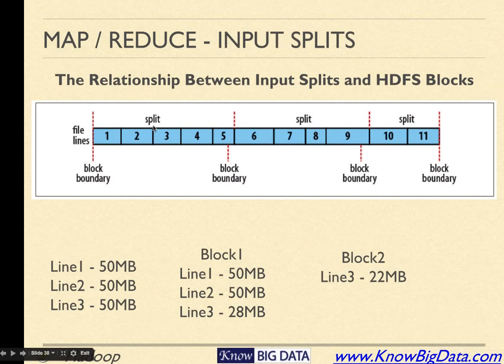Now, if you do that, there will be a lot of data transfer. Like in this previous example, on this boundary, when the input split is created, this piece of data over the boundary is getting transferred to node 1. Similarly, this extra piece of data is getting transferred to node 2, from node 3, to form the input split.